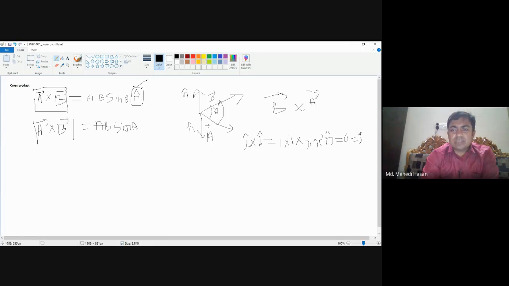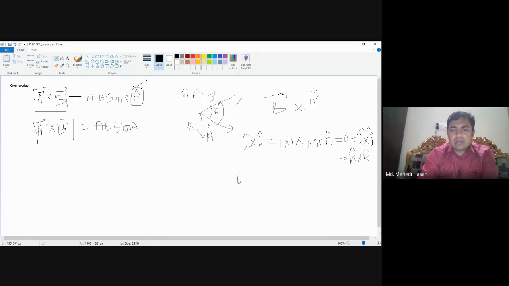Then we can say for similar unit vectors, j cross j, or k cross k gives the result 0. So I cross I, j cross j, and k cross k are equal to 0. For similar unit vectors, the cross product is 0.